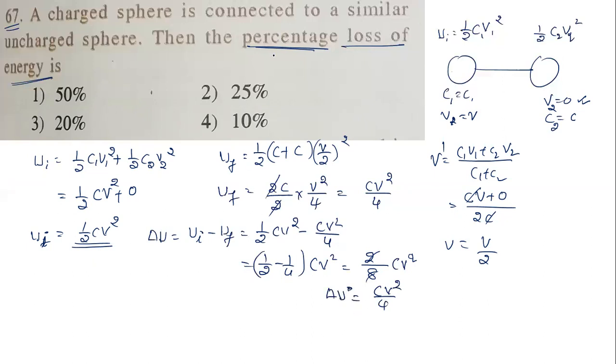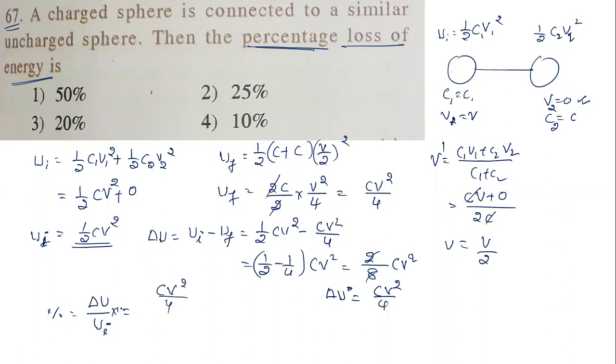Now, since they are asking percentage, percentage is given by change in energy by initial energy. Remember this formula. When they ask you to calculate percentage, it will be change in energy by initial energy. So that is equal to what now? Change in energy is CV square by 4.